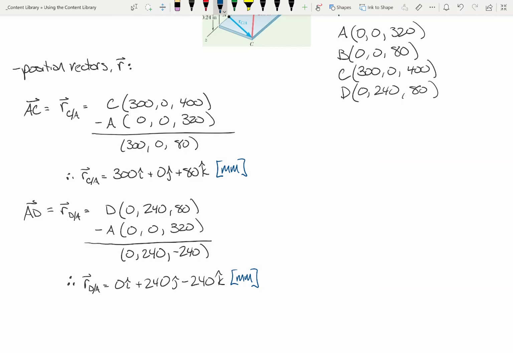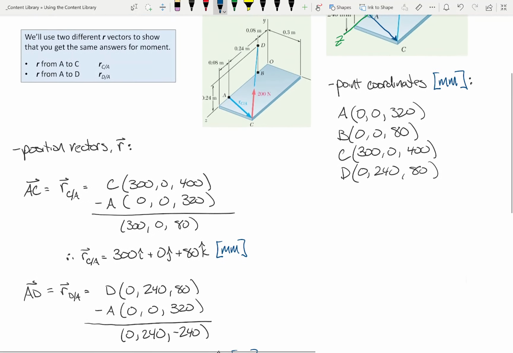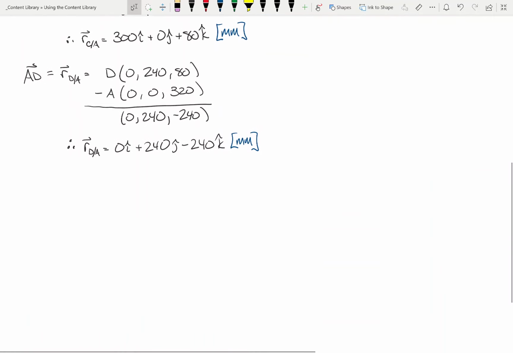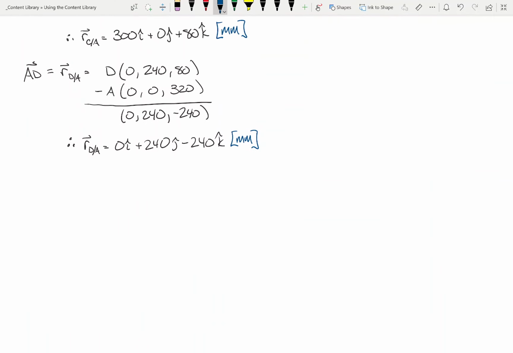Okay, so what is the line of action for that force vector? It's CD, right? Everybody see that? So how do I go about that?